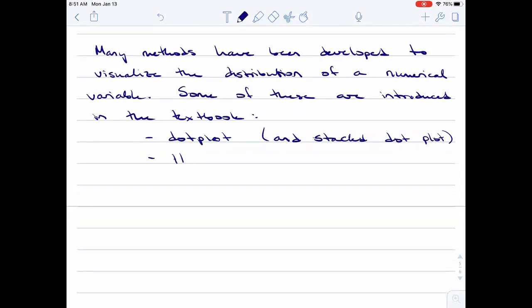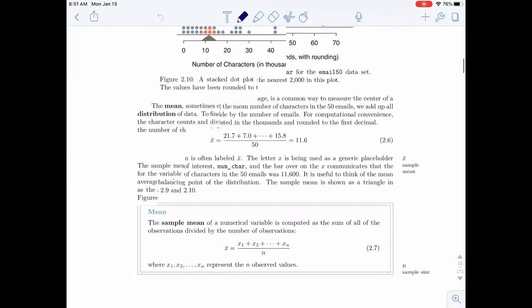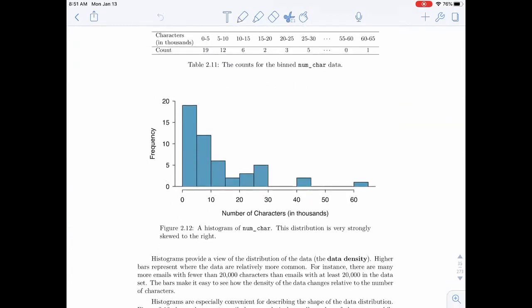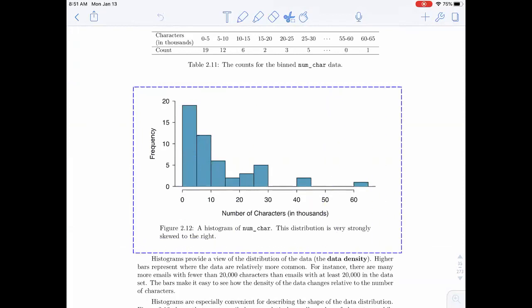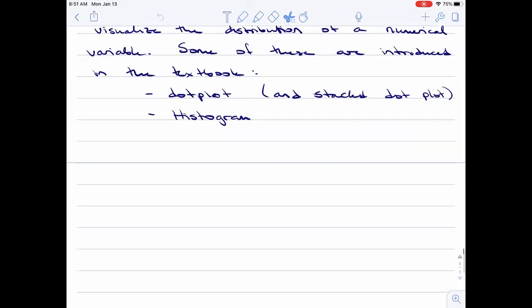Of course, our main player is the histogram. Here's a histogram that I'll steal.